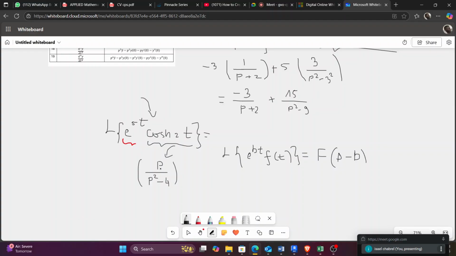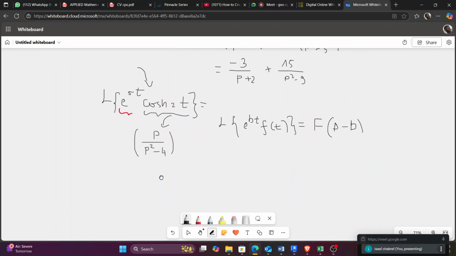You get it. Now, what do you do next to solve? Where you have an expression of p, that's basically what this formula is explaining. The solution F becomes p minus b. What does it mean? It simply means once you are done solving for the Laplace of the function which is next to the exponential, you have to substitute wherever you see p by p minus b.